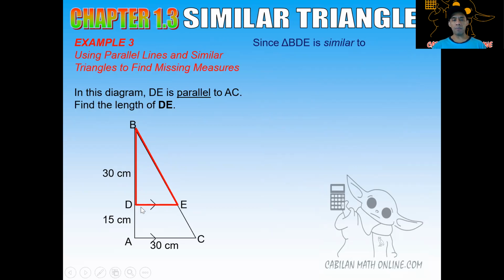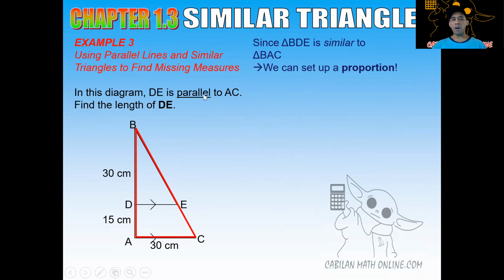Just keep in mind the direction I'm going in. Since triangle BDE is similar to BAC, which is the bigger triangle, we can use proportions to solve for the unknown length DE. Be careful when you're doing this one, because we have a triangle within a triangle.